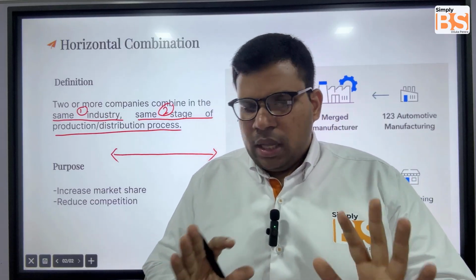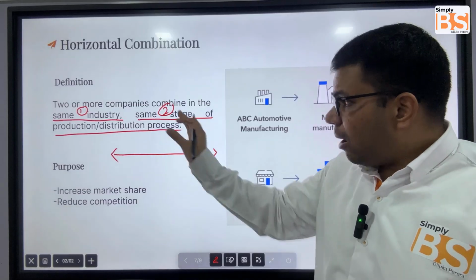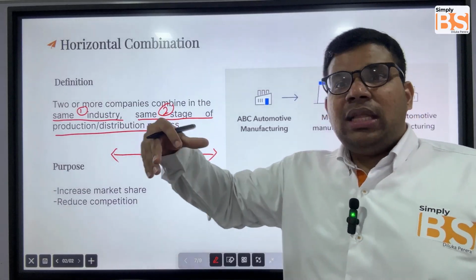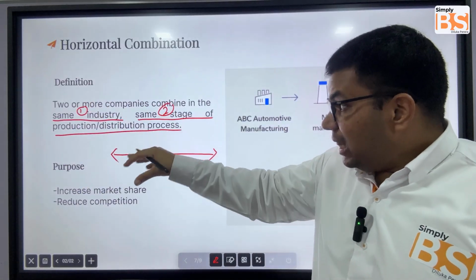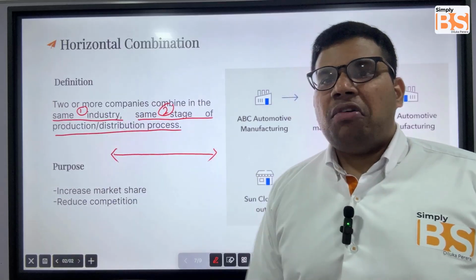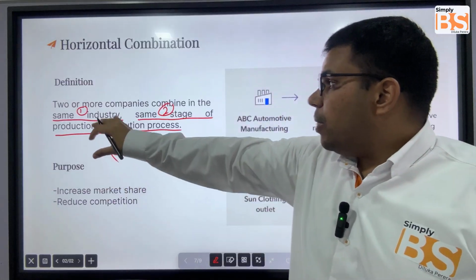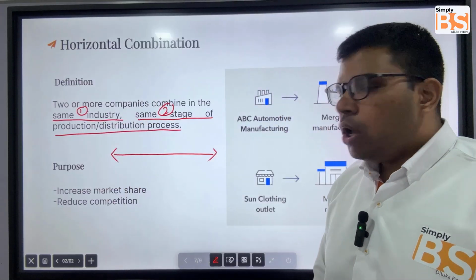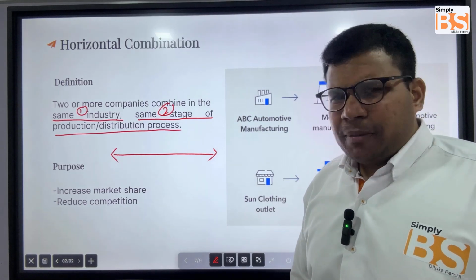So horizontal combination suggests that the companies should be performing the same business activity at the same stage of the production and distribution process. These are the two conditions that you need to fulfill.